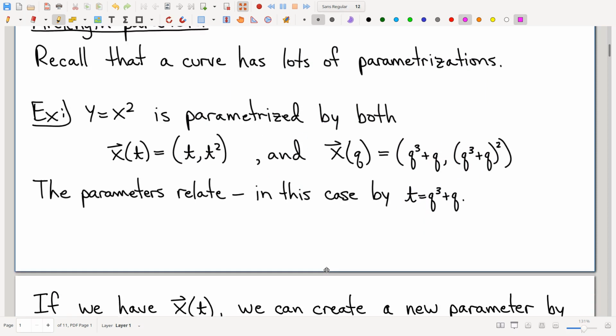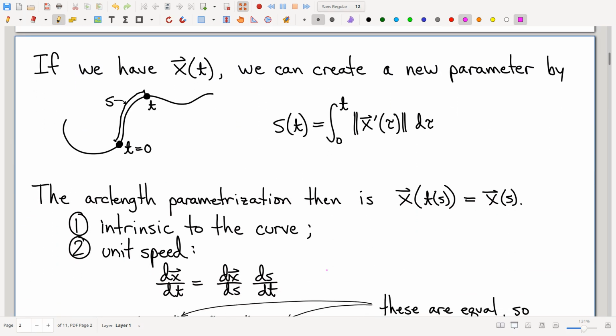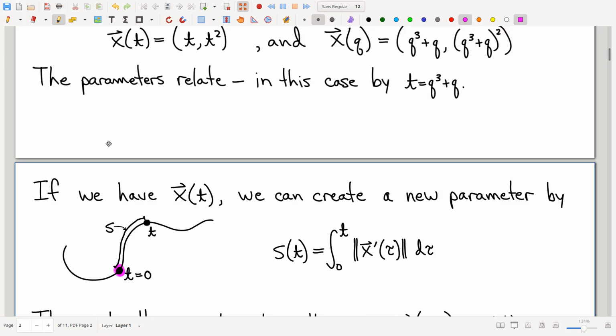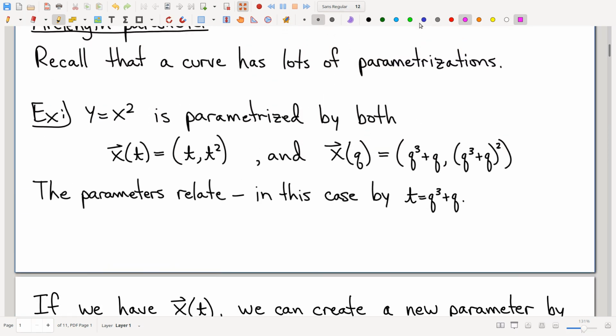The clever move that I want to do to reparameterize is if I have position as a function of time giving me a curve like so, I'm going to introduce a new parameter. The new parameter is just arc length. So specifically, let's talk about the details. We do have to designate one point as being kind of the starting point. And now remember, what I need to reparameterize is an algebraic relationship between my one parameter and my new parameter.